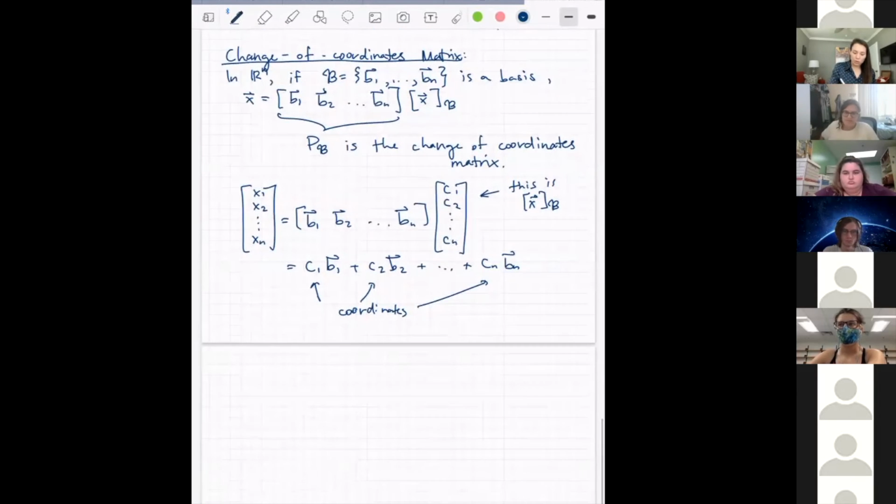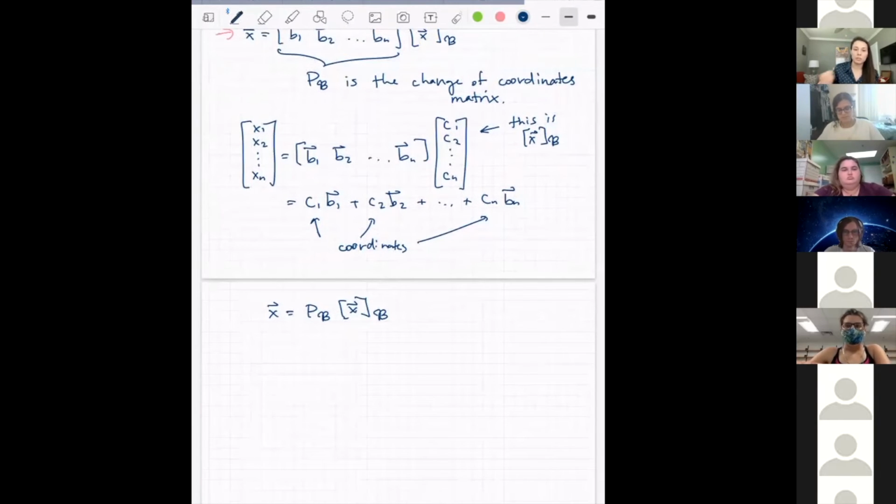So just to copy down this equation, we have X, we have this matrix P sub B, and we have that multiplied by the B coordinate vector.